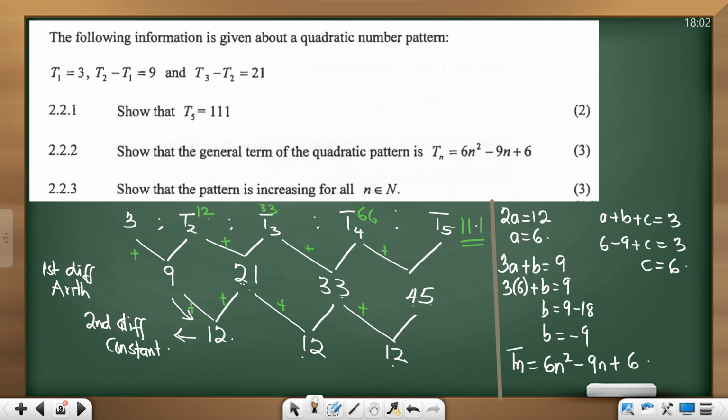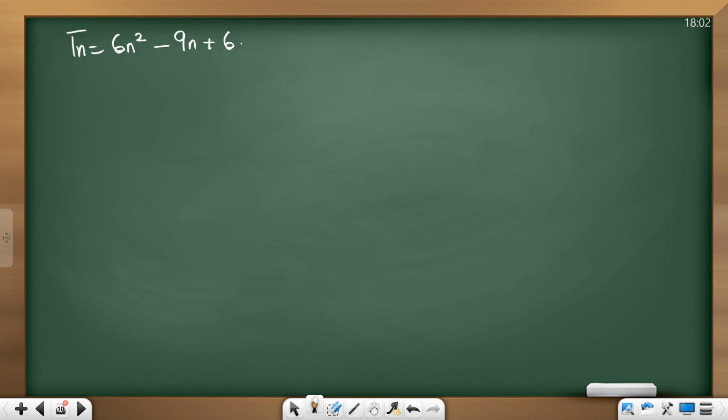Now, if we're in grade 12, I would say find the gradient. If we're not in grade 12, I would say let's complete the square. When you see such questions in grade 11, you complete the square, then you interpret from completing the square. Check what I'm going to do. To complete the square, make sure that the n squared is positive.